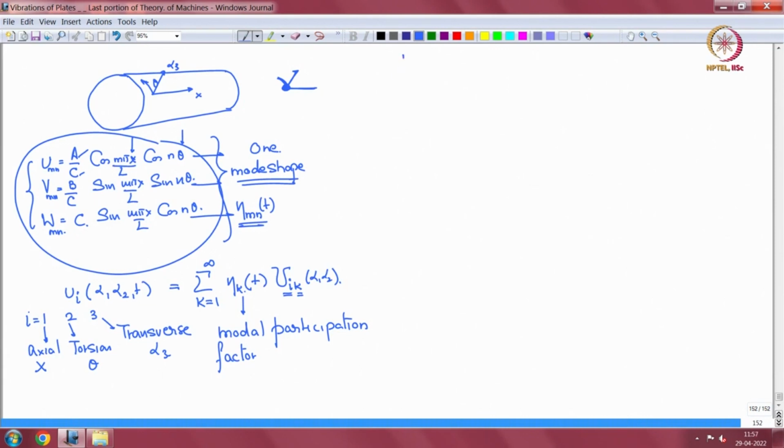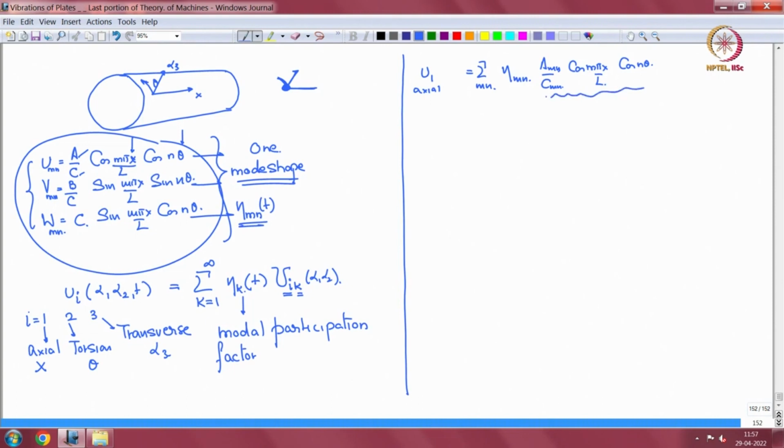So, for example, for the same cylinder example, u1, which is axial, okay, will be summation over mn now, eta_mn, then A_mn by C_mn cos(m pi x by L) cos(n theta), okay. So this is u_1k now, according to this formula.